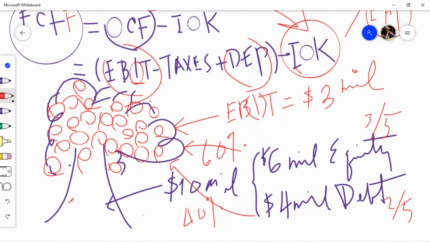But they don't split it like that because the fruit belongs to, eventually, what goes to the debt holders is just the interest. And whatever the interest is, let's say the interest is 1 million, right? So after paying interest, right?